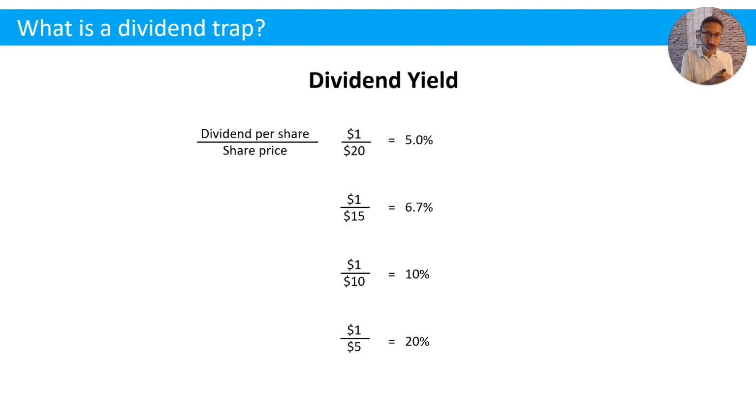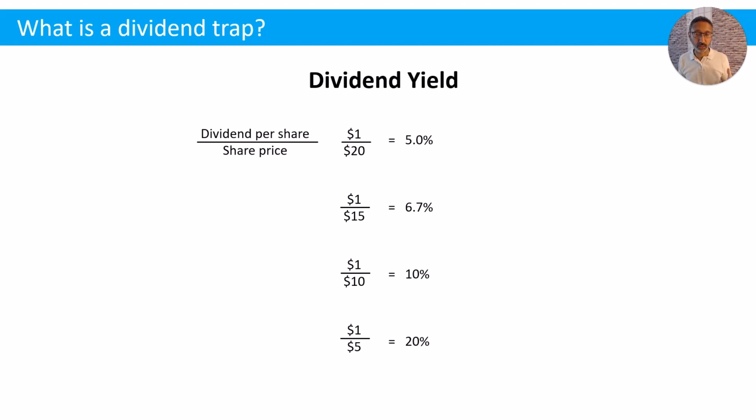Either there's negative news, or the company is performing so badly, earnings are down, debt is high. There is something going on that is causing the market to devalue this company, and the stock price has dropped to $5.